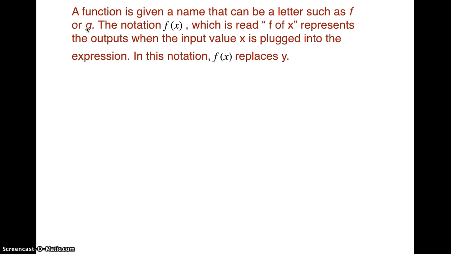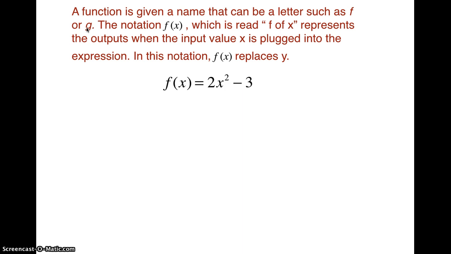A function is given a name that can be a letter such as f or g. So function notation, which reads f of x, represents the outputs when the input value is plugged into an expression. So basically, f of x is pretty much the same thing as y.